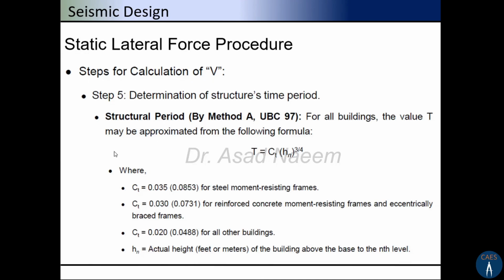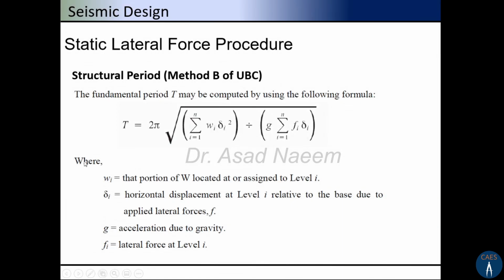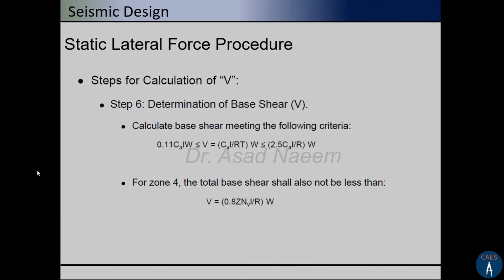Calculation of time period. As we have discussed, there are two methods for approximation of time period. One method is this, and these have different factors for different structures. Another method is a little bit more complex, but we will use the previous method. We have discussed both methods in previous slides.